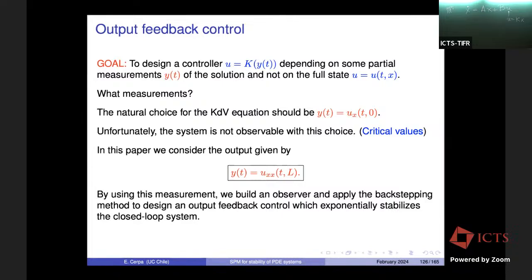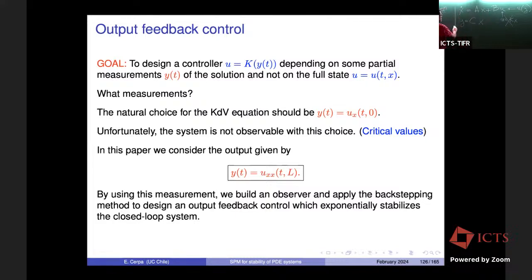And so what we want to do now is, can we do that, but with a U not depending on the entire X, but just depending on some output of the system, which is given, for instance, by a certain matrix C times the full state?